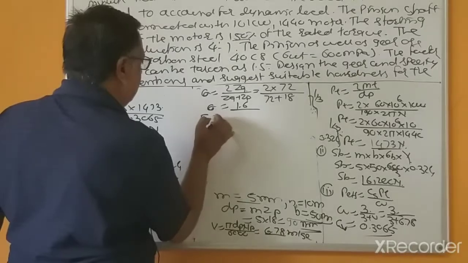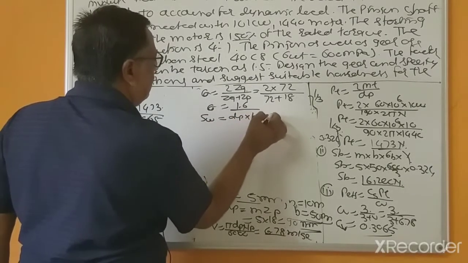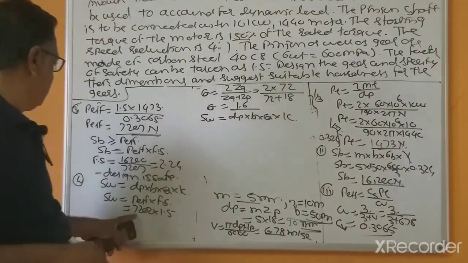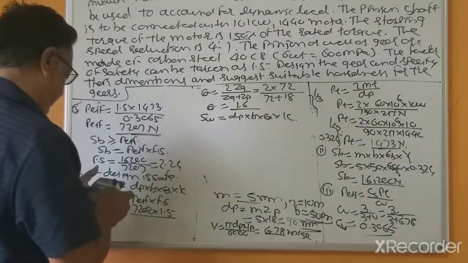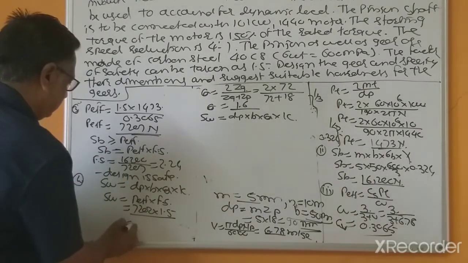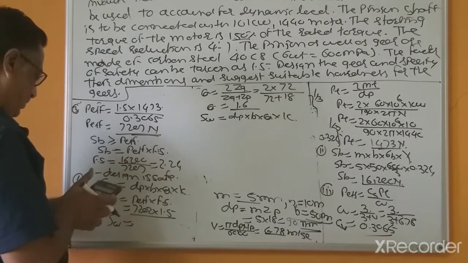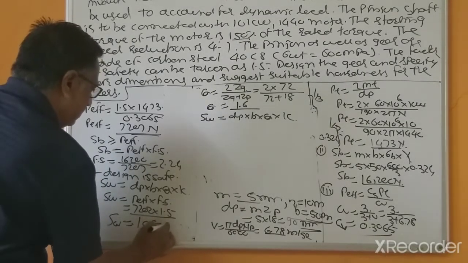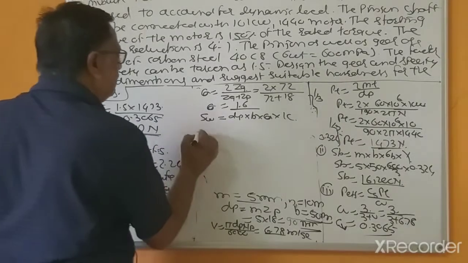Wear strength equal to dP B Q K. So wear strength equal to 7202 multiplied by 1.5, which is 10803.